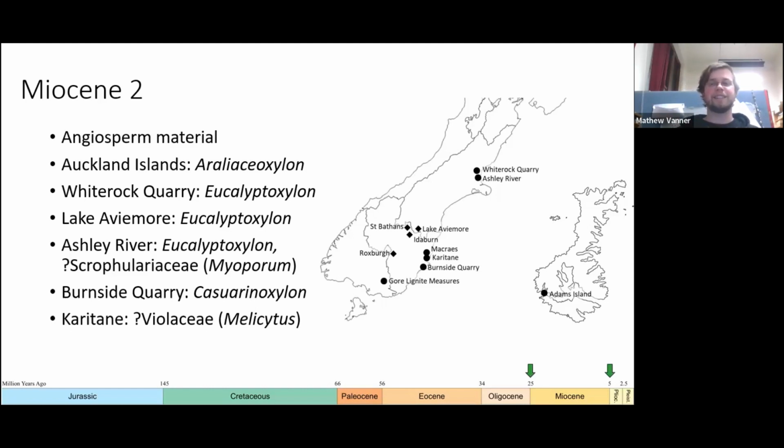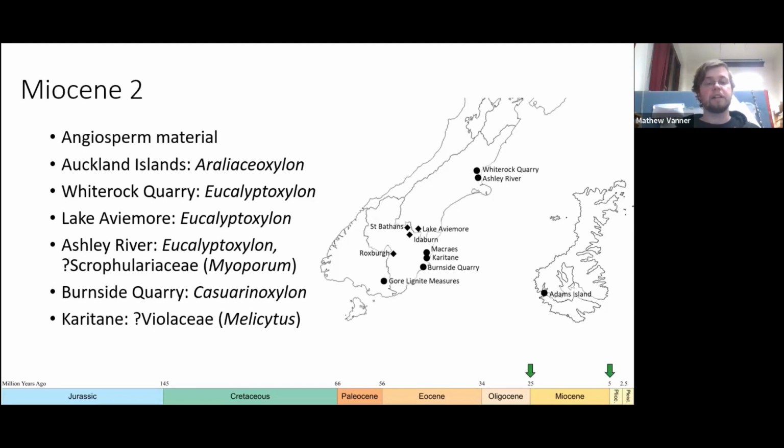If you look at the distribution of those three sites, it's actually quite a wide range. So we possibly had a reasonably large forest of eucalypts in the Miocene, or early Pliocene.